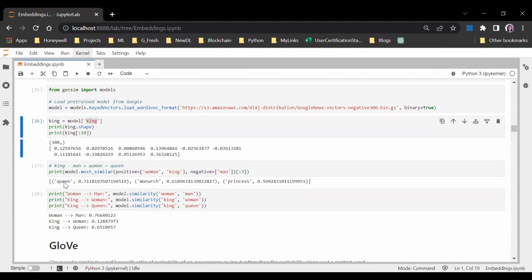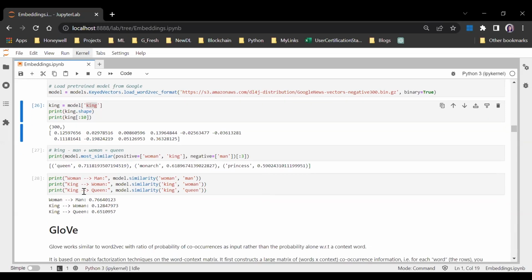Like queen is relevant with around 60% confidence score, monarch with 61% confidence score, and princess with around 59% confidence score. We can even get the direct similarity between words. The similarity between woman and man is 76%. In terms of king and woman, it is just 12% similar, and king and queen, it is 65% similar.